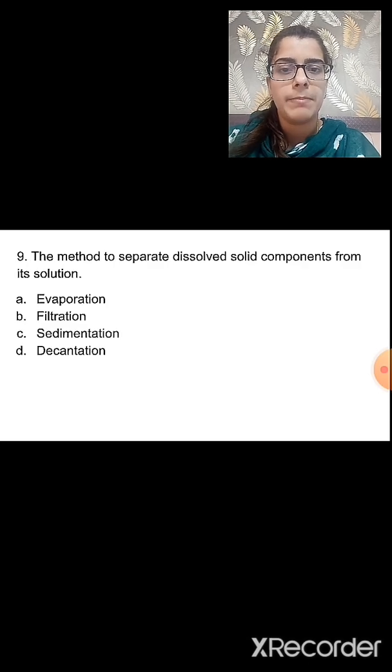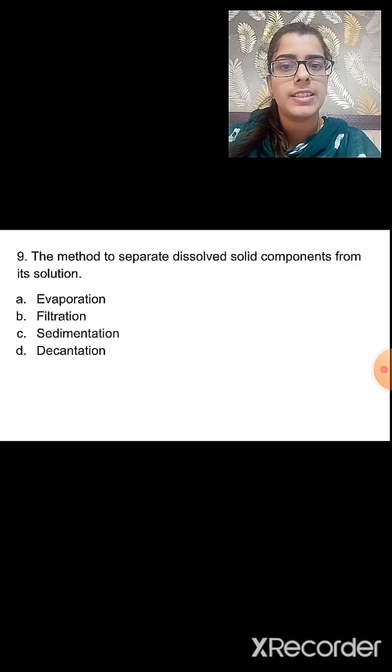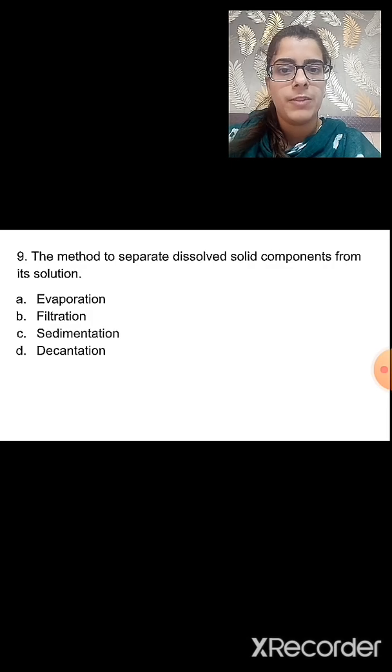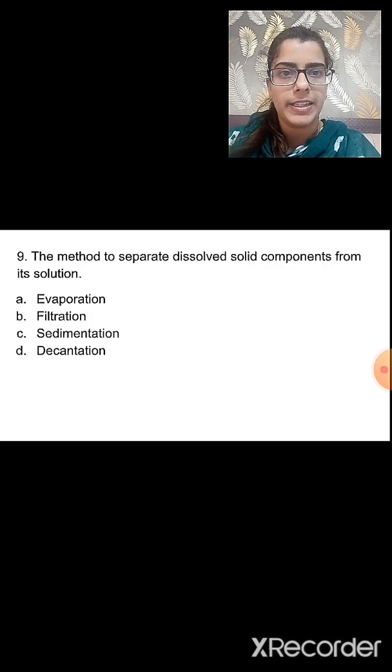9th, the method to separate dissolved solid components from its solution. So which method is used to separate the dissolved solid components from its solution? Options are A. Evaporation, B. Filtration, C. Sedimentation, and D. Decantation.